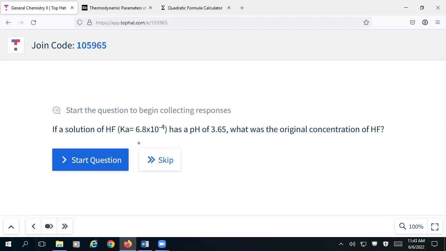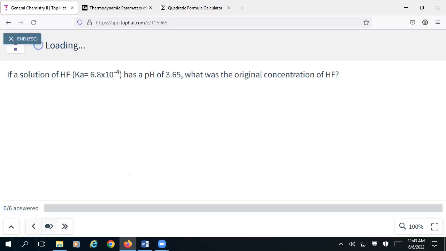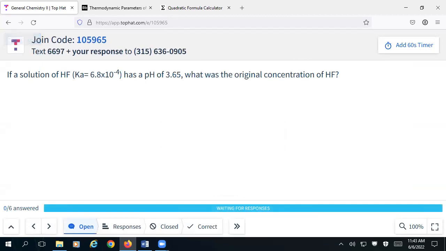All right, so here's another question for you then. If I have a solution of hydrofluoric acid, Ka for hydrofluoric acid is 6.8 times 10 to the negative fourth, and it has a pH of 3.65. What was its initial concentration?